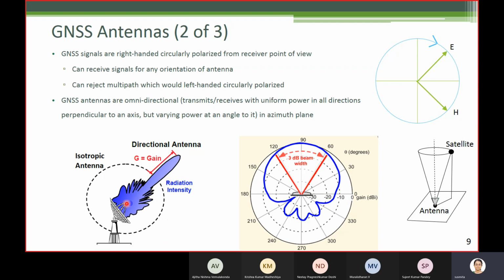So a directional transmitting antenna becomes a directional receiving antenna. Similarly, if you can have an isotropic antenna for reception of signals, it will receive signals from all the directions. Okay? But an isotropic antenna does not exist in reality. It is an abstract concept.